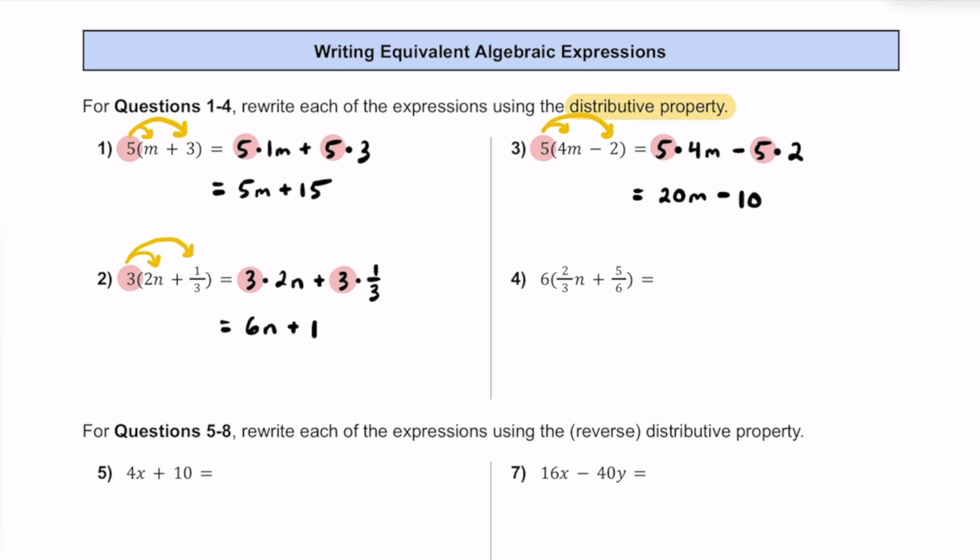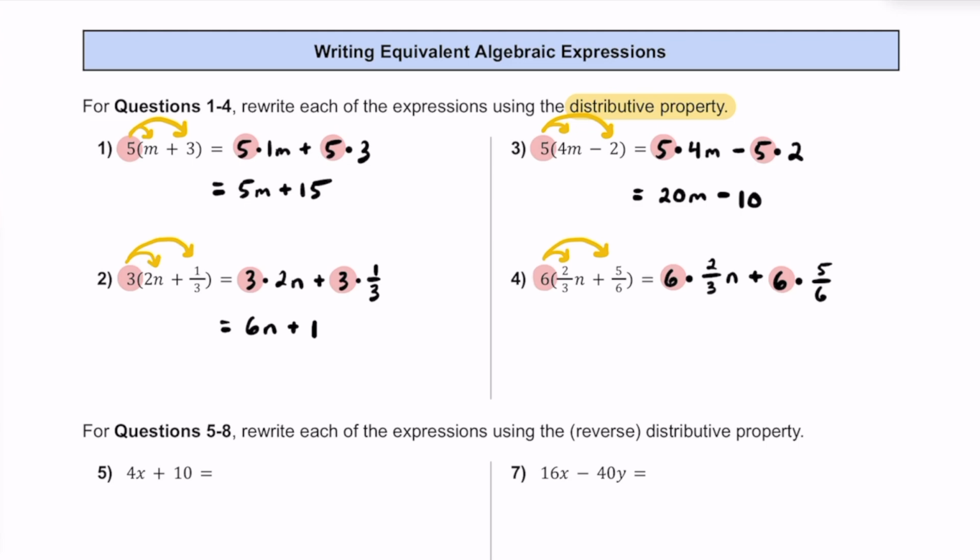All right, for number 6, notice what we have on the outside. It's the 6 here. The 6 is going to distribute to both of these terms on the inside here. But first we'll start with the 6 and multiply that by 2/3 n. But then we're also going to be adding the product of what? Well, we still have to distribute and say that we have 6 of these 5/6. So we're going to multiply the 6 by the 5/6 here, this constant term. So we distributed the 6 to both of these.